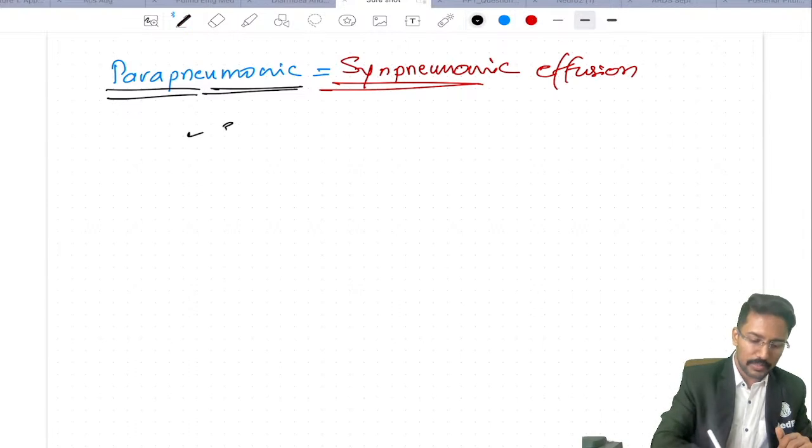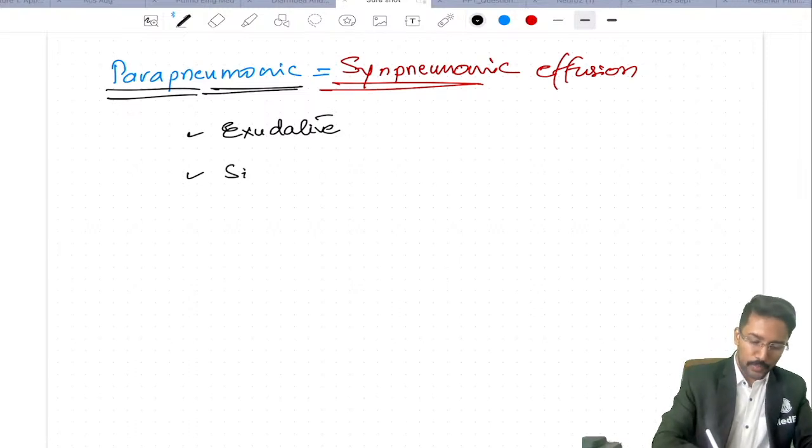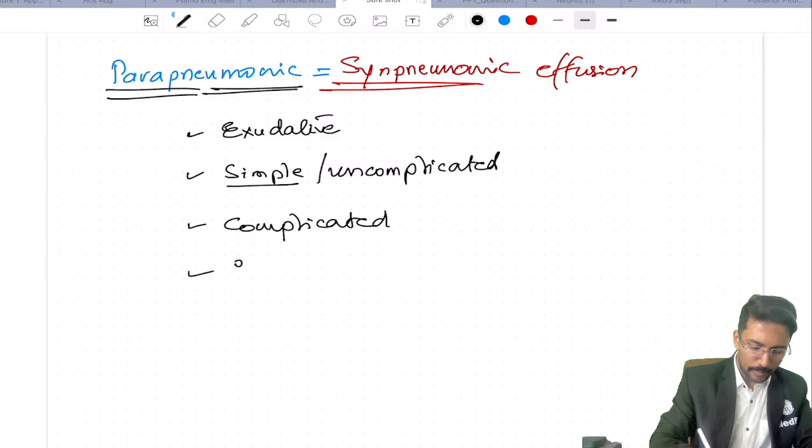You have to remember that it is always exudative, and we classify them into simple or uncomplicated parapneumonic effusion, second is complicated, and the third one is empyema thoracis or empyema.